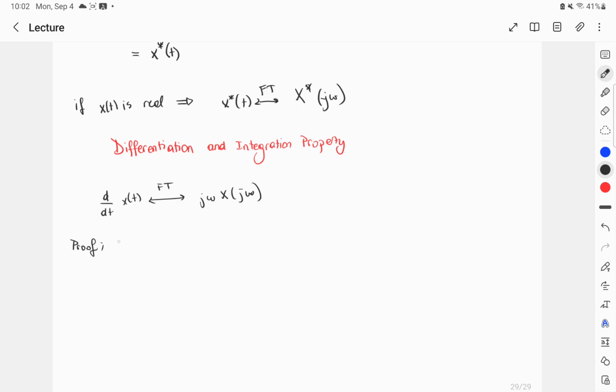So we have this original formula as always, right? 1 over 2 pi, from negative infinity to plus infinity. And then what do we have? If we were going to differentiate this expression, what will we have?